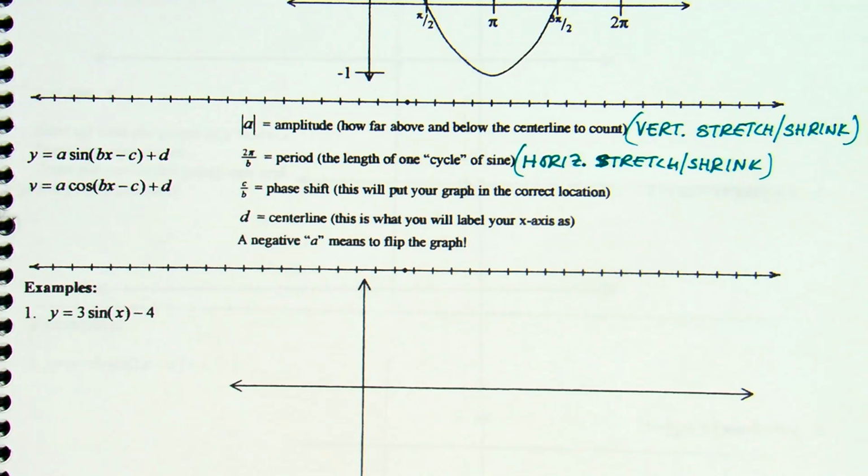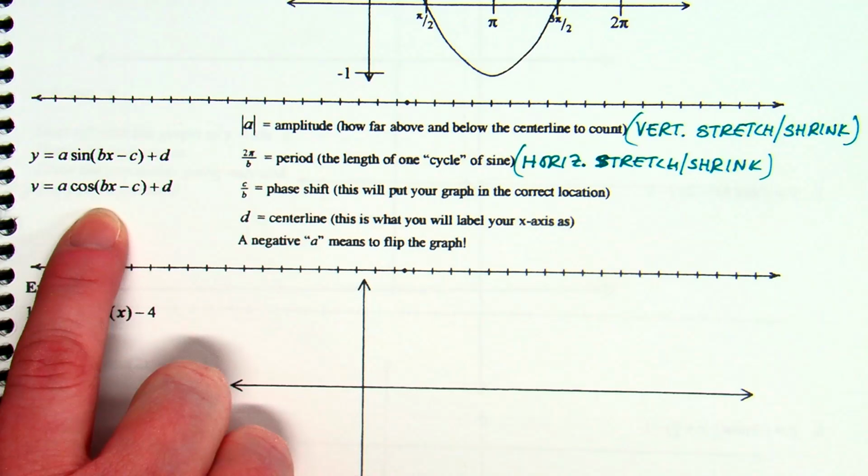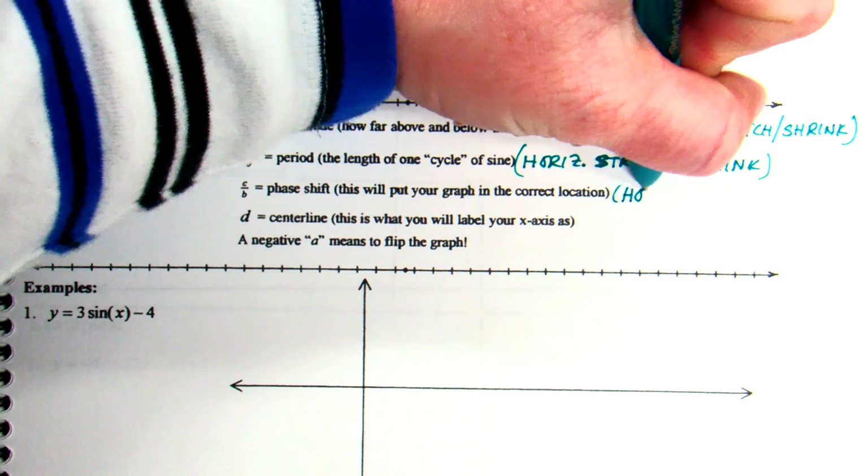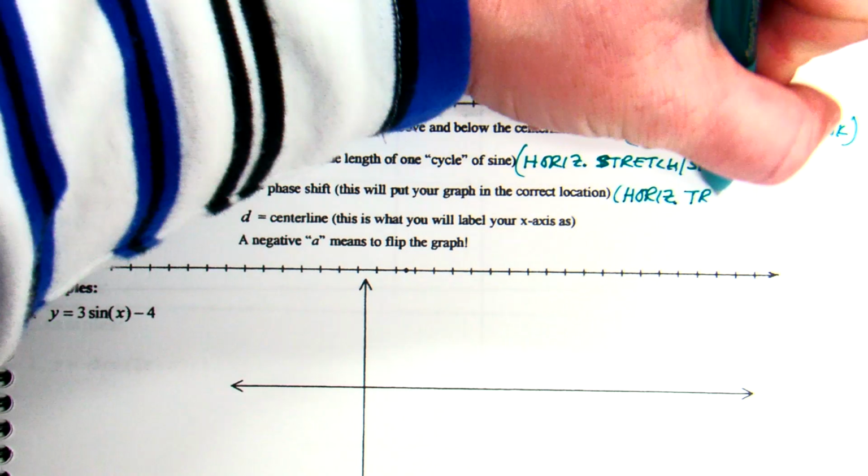Notice C divided by B is taking what's in the parentheses, right? And so if you remember what's added or subtracted in the parentheses to find your horizontal shift, that's what we have here. So C divided by B is horizontal. I'll use the official word and say translation.